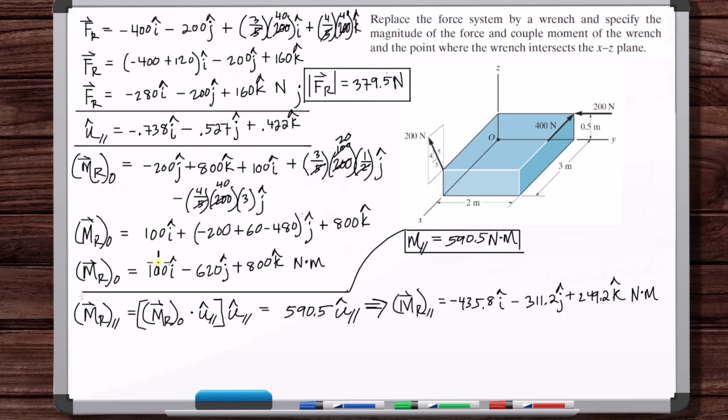Now we have the couple moment in some random direction, and we've got the parallel component.